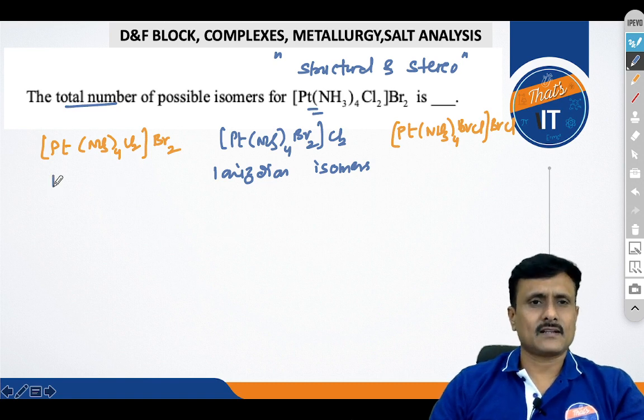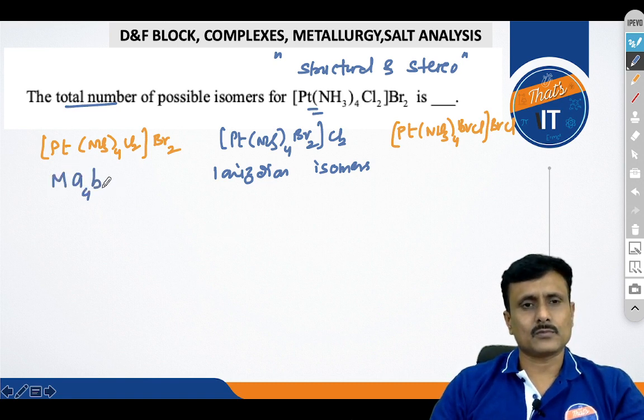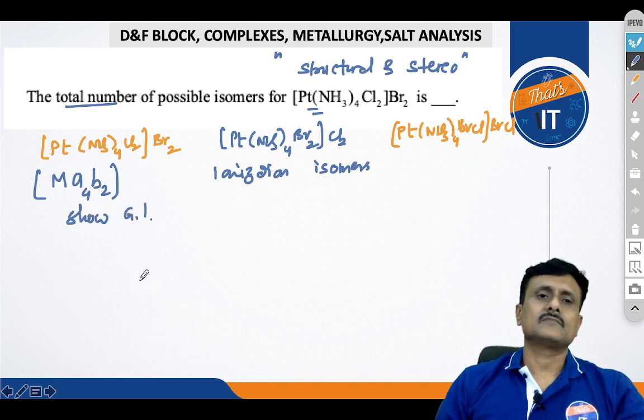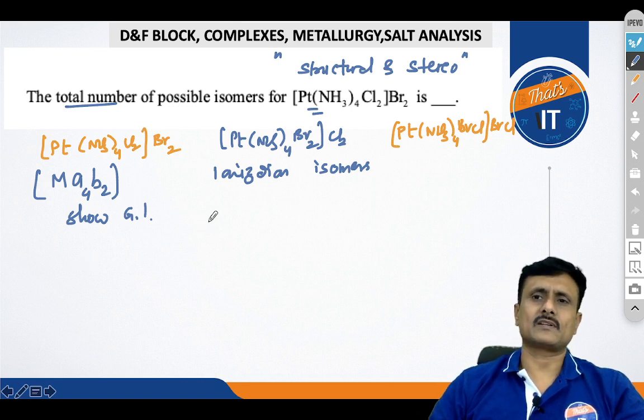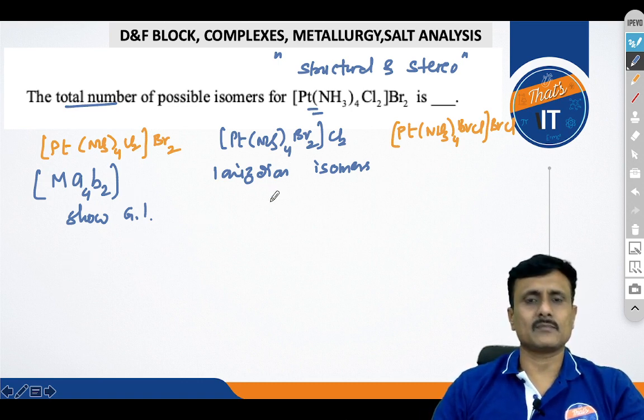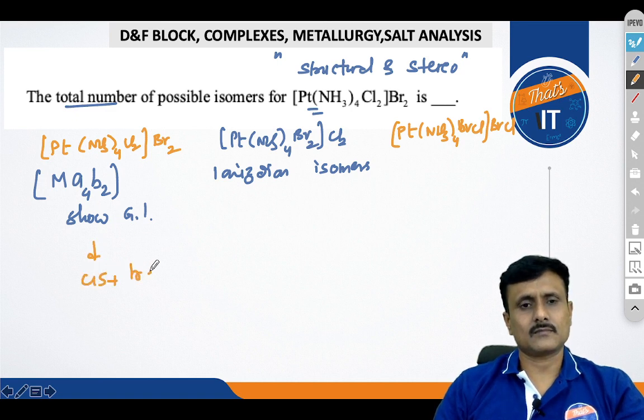And you have studied that MA4B2, this type of complex, shows geometrical isomers, isn't it? This is showing the geometrical isomers, and that means it can be written as cis and trans.